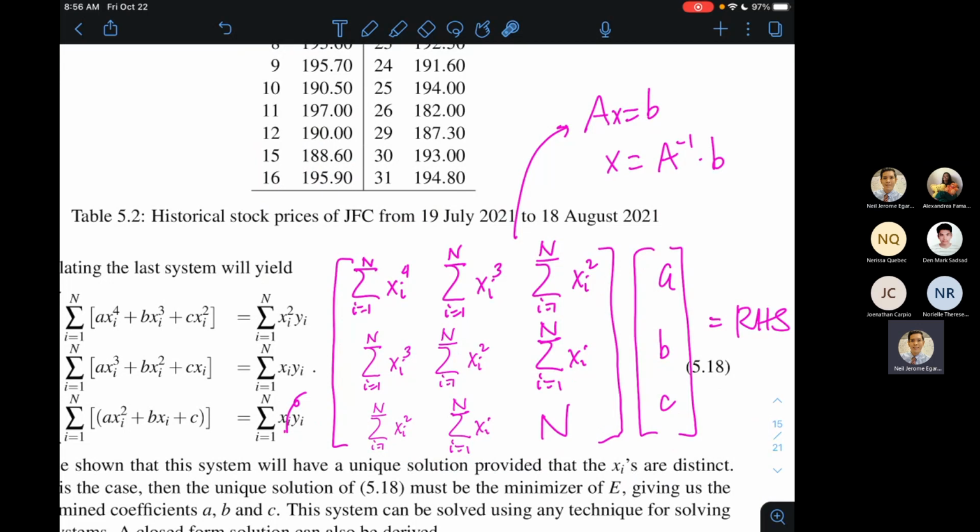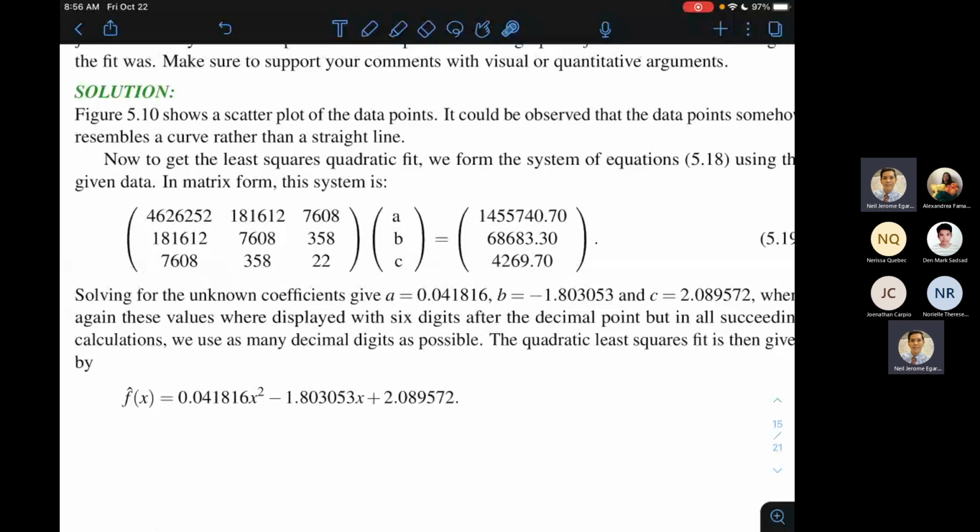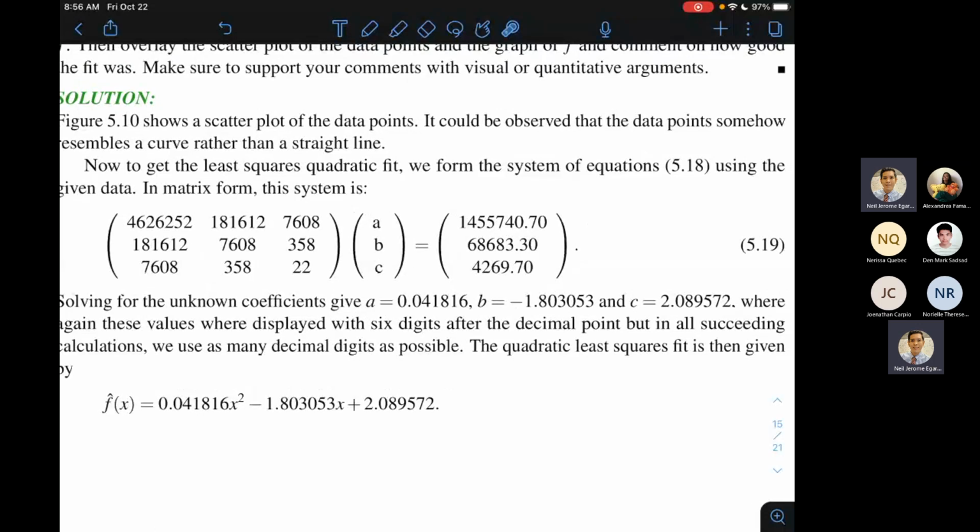Okay. Now, if you will do those calculations, you will find that equation 5.18 needs to be particularized to equation 5.19. So ito yung summation ng xi to the fourth, summation ng xi cubed, summation ng xi squared, sum ng xi cubed, sum ng xi squared, sum ng xi, ito yung value ni n. Right? Tapos ito naman yung mga right-hand side.